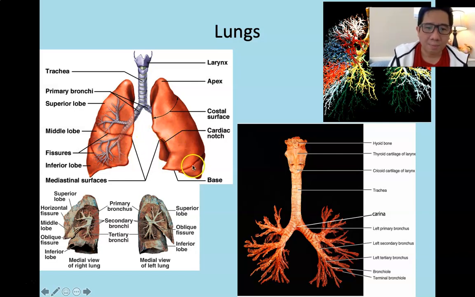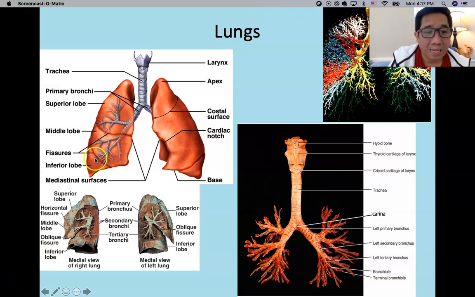What separates the lobes of the lungs is a line called a fissure. You have the horizontal fissure and the oblique fissure. The horizontal fissure is on the top, and then you have the oblique fissure here.